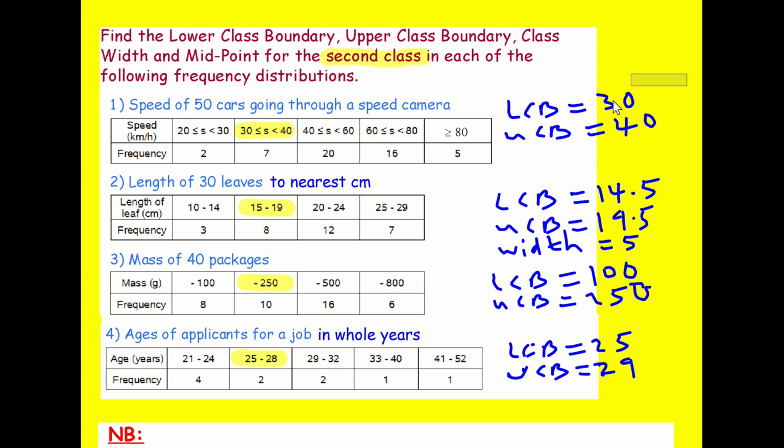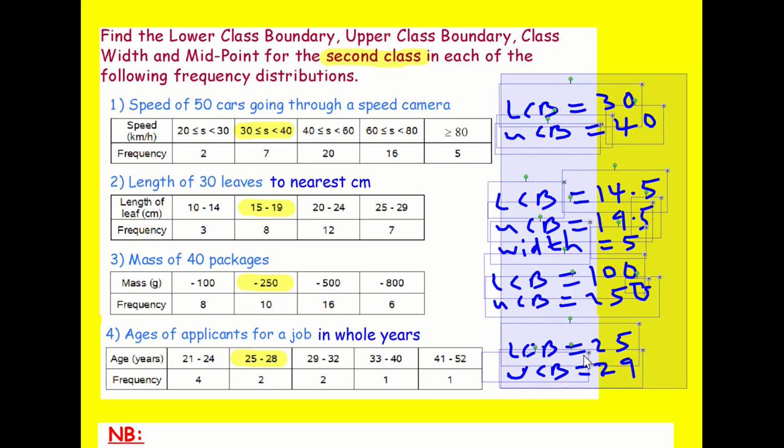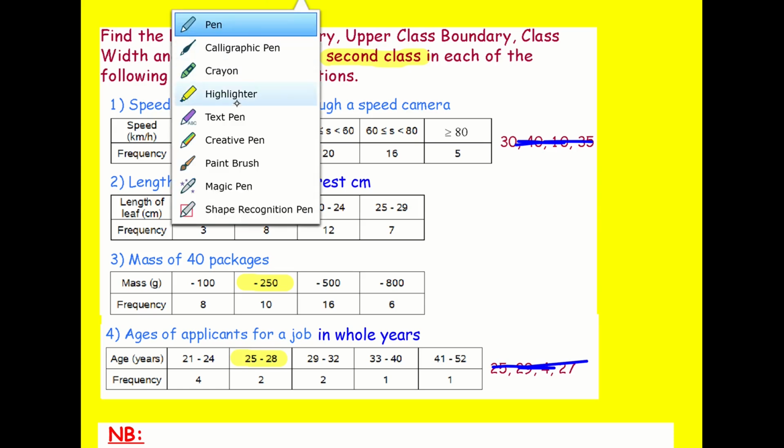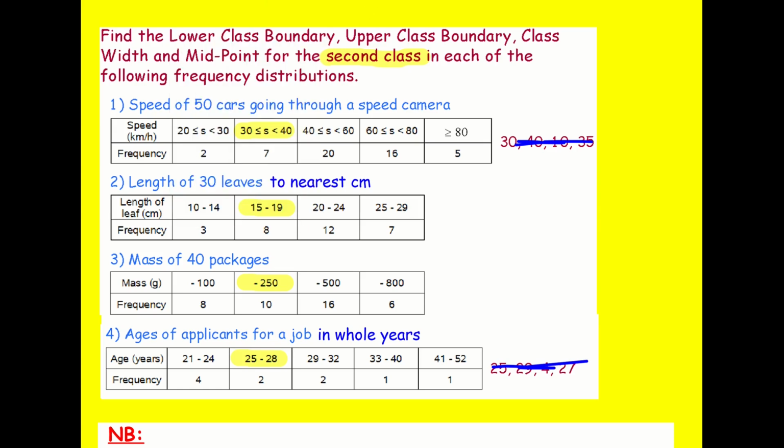All right, I'm going to test you on a few of these now. Right, they're gone. I just gave some spoilers away. Okay, what about these ones in green that I'm about to highlight? Can you write down the lower class boundary and the upper class boundary? Let's do this one here.